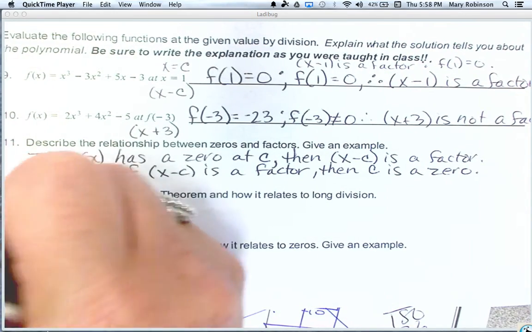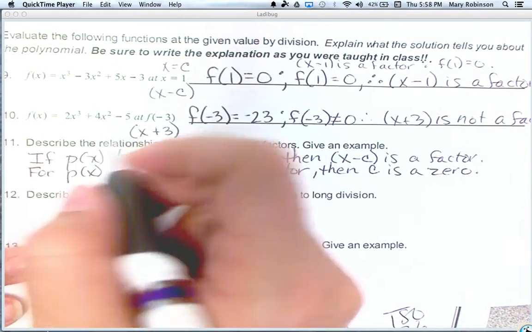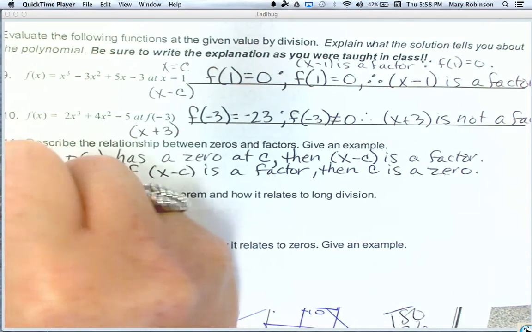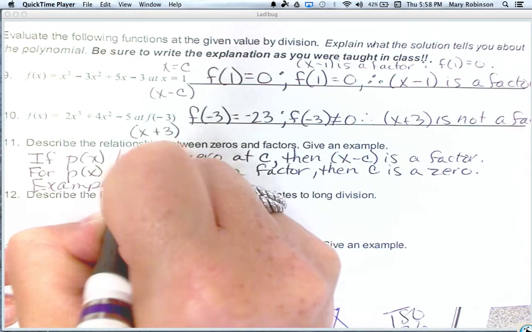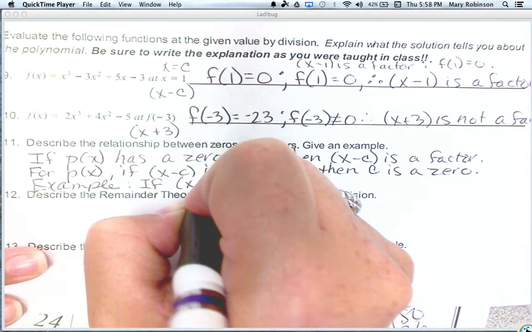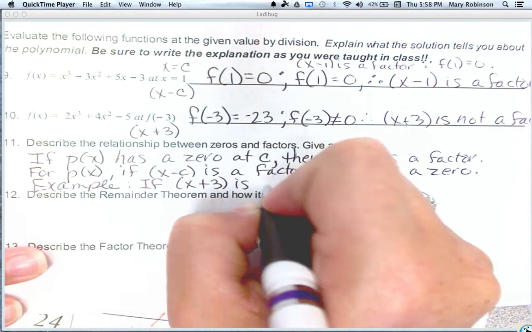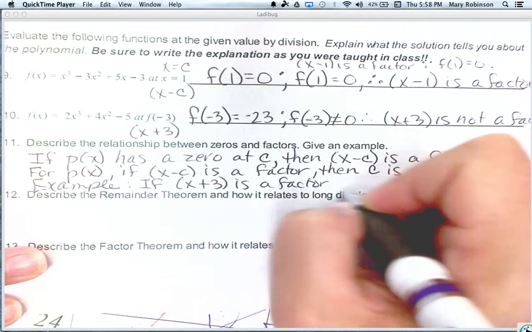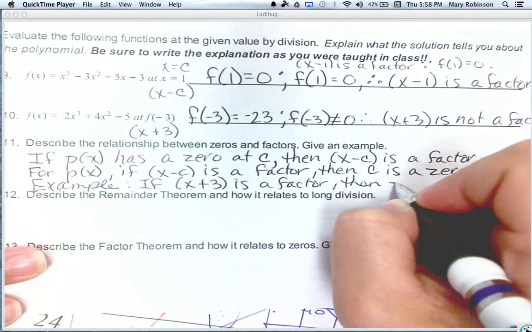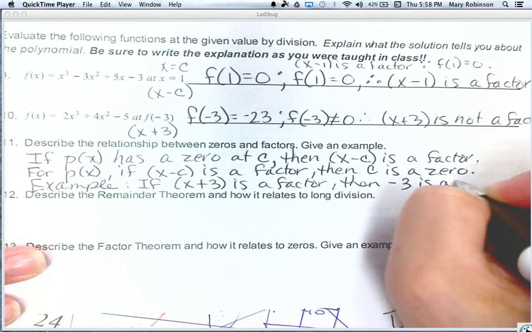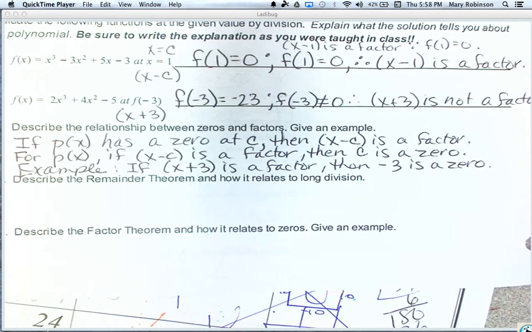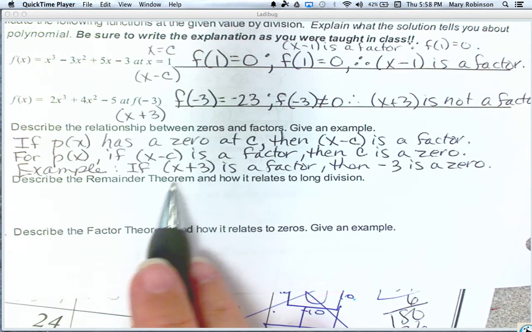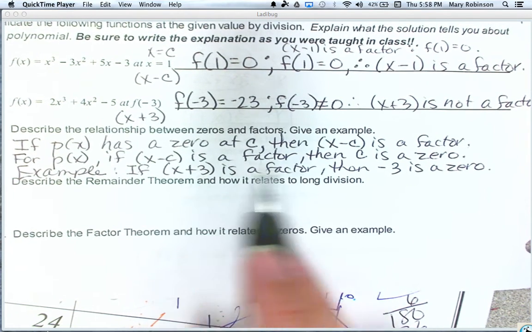For example, if x plus 3 is a factor, then negative 3 is a 0. We have talked about that until we were blue in the face, so I hope you get that correlation there.